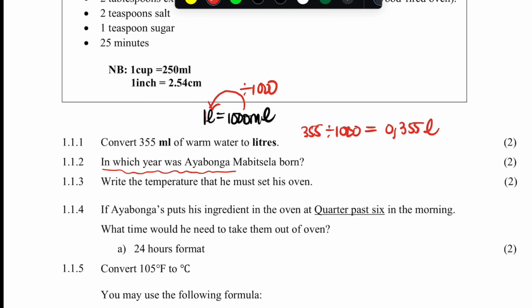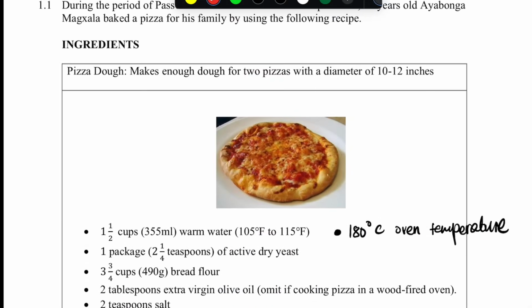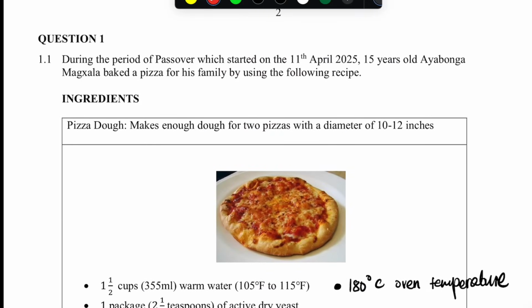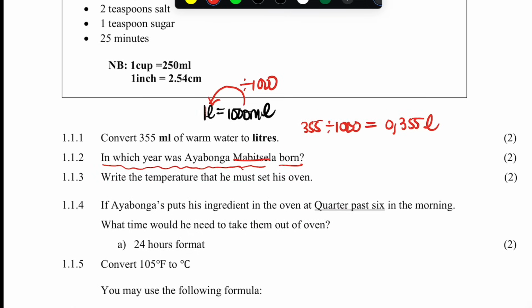In which year was Ayabonga Magala, not Mabitsela, Magala born? Right, in which year? We're told he's 15 years. So what we're going to do, we take the 2025 minus 15 years when he was born.